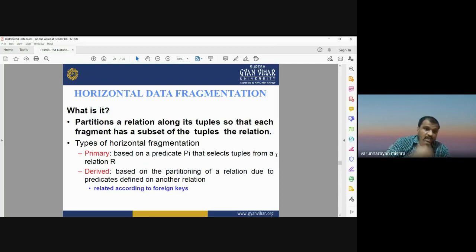Horizontal fragmentation has two types, either primary or derived.